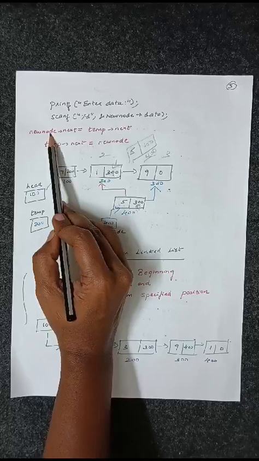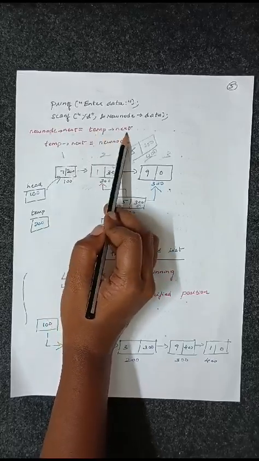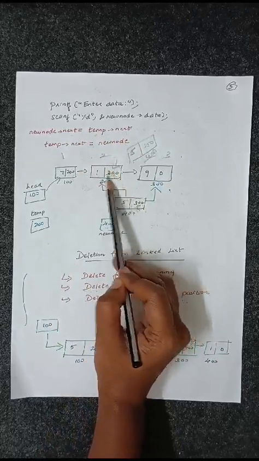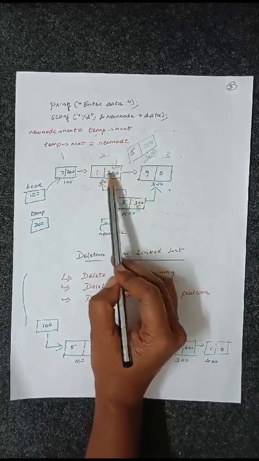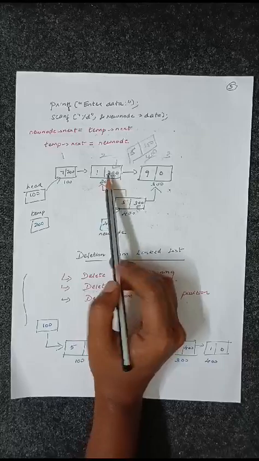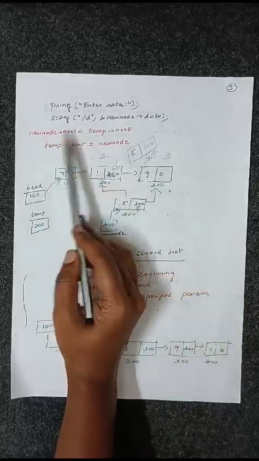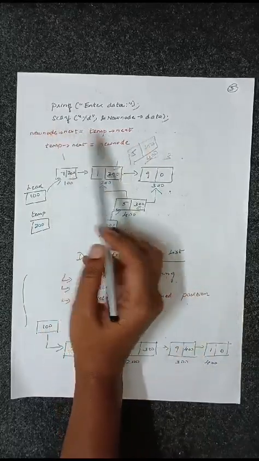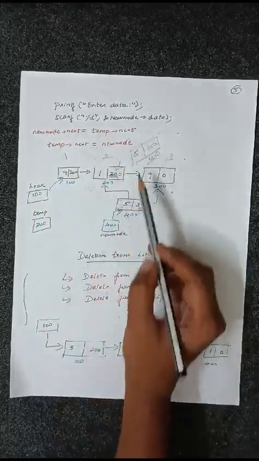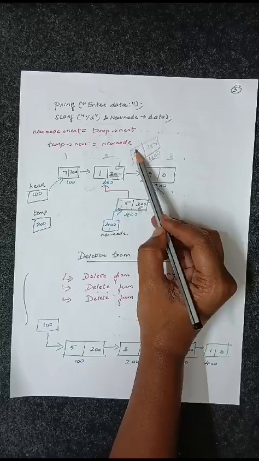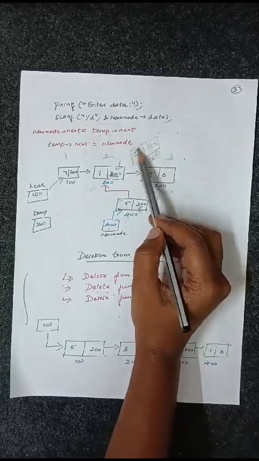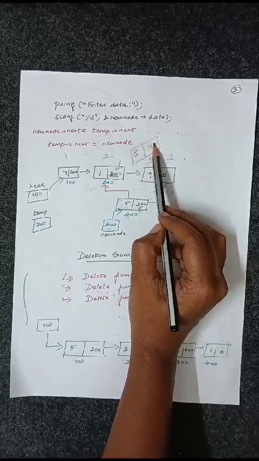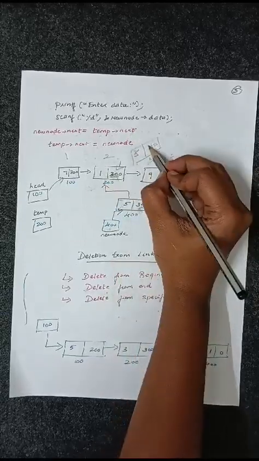Now new node of next is equal to temp of next. What is my temp of next? Temp is 200, temp of next is initially 300 only, right? Before it is 300. So new node of next is equal to temp of next. What am I going to store in new node of next? Temp of next, which is 300. So 300 will come here.